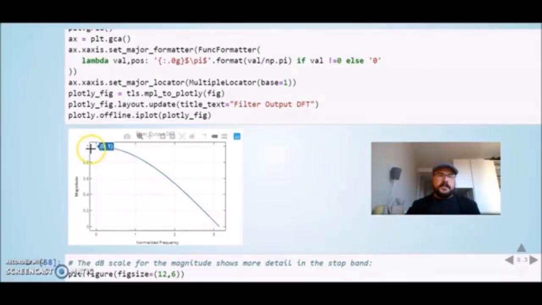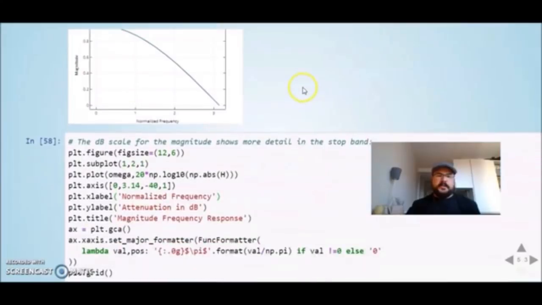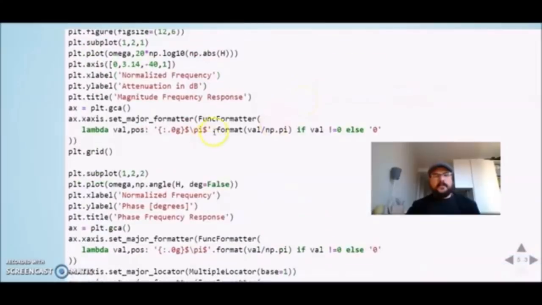So we see that it's a low pass filter here. This is a normalized frequency, so pi, 3.14, here is the Nyquist frequency. And we see it's far from being a perfect ideal low pass filter. If we plot in the dB scale and also the phase, here is what we're doing.